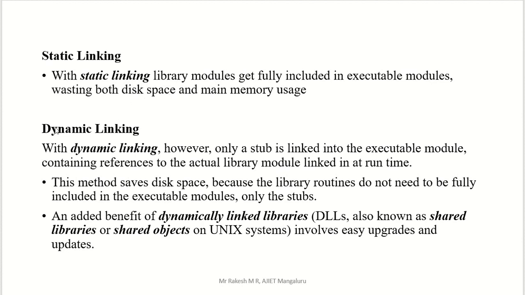Instead of that, we can go for dynamic linking. Here, for that 1000-line code we give one link, that is called the stub. We give one link for that. The complete 1000-line code is linked to one small line, that is hash include stdio.h, like that.